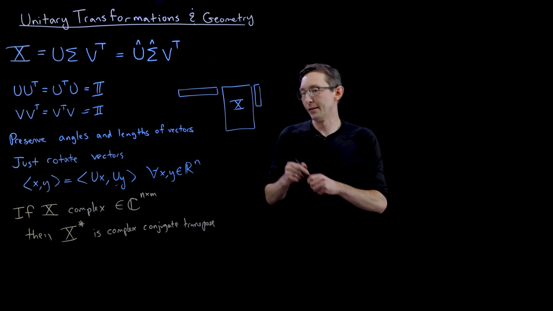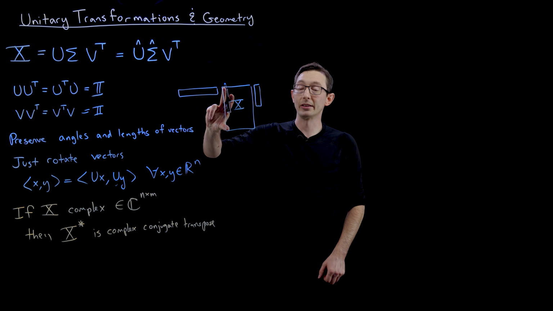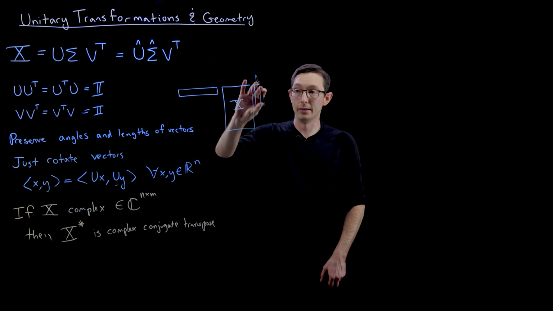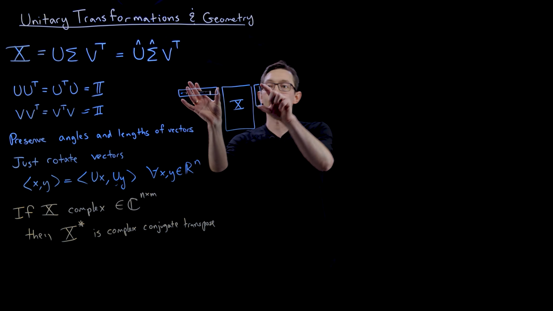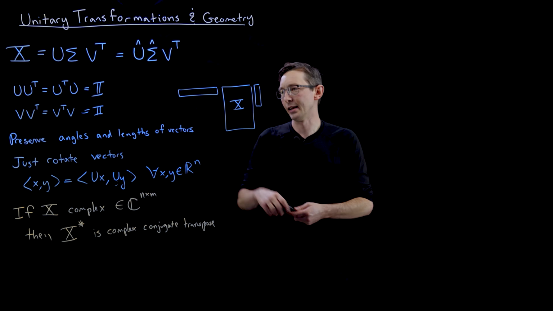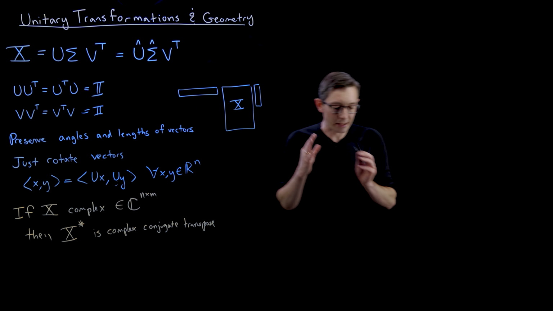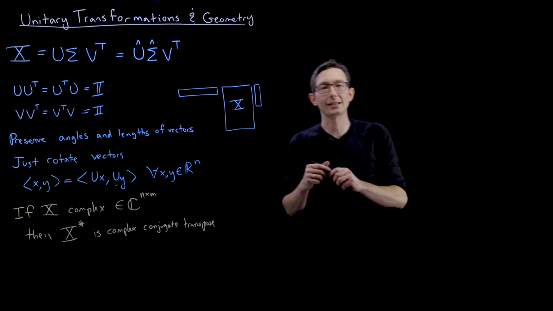If I map X times V, I'm going to get something that's taller than V. And if I map X times this U transpose, I'm going to get something that's shorter than U.